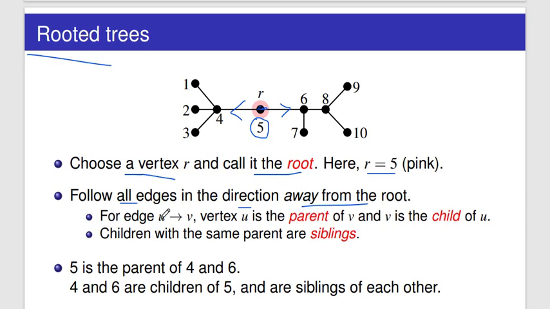For an edge u to v, let's assume that vertex u is the parent of v, and v is the child of u. So here 5 is the parent of 4. Why? Because the arrow is like this.